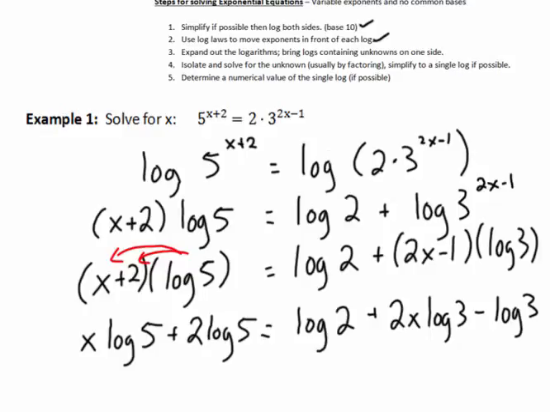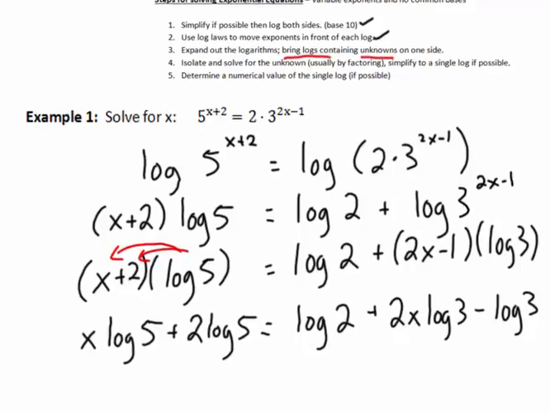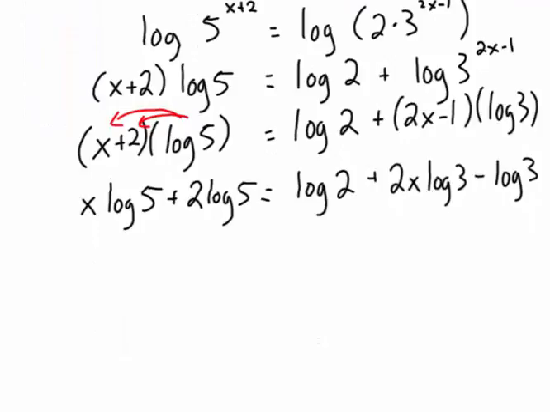And then, this is important, we want to bring the logs that contain the unknowns to one side. So we're going to take our equation at this point and bring everything with an x to the same side and force everything else to the other. I'm just going to take this and move it to the other side.